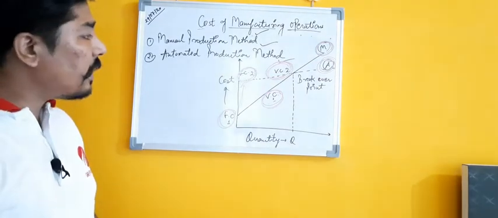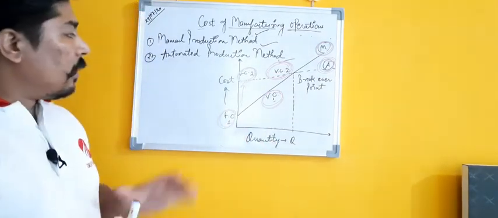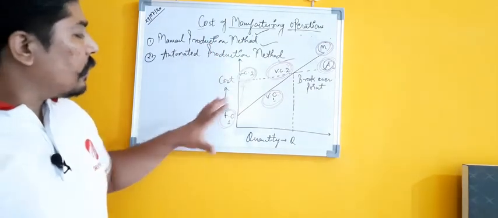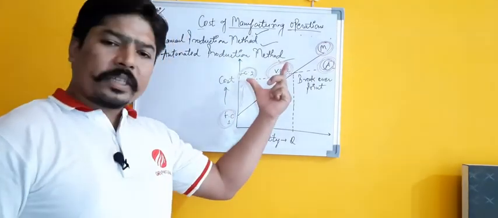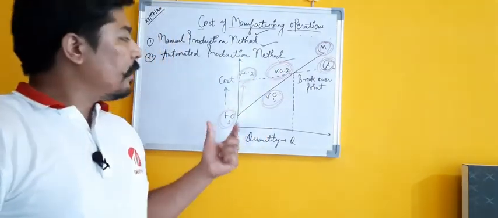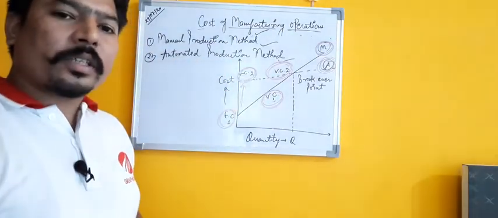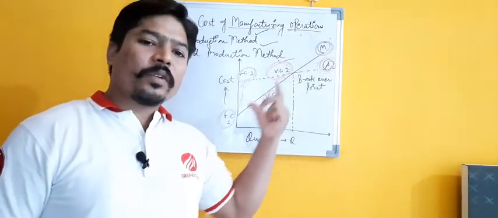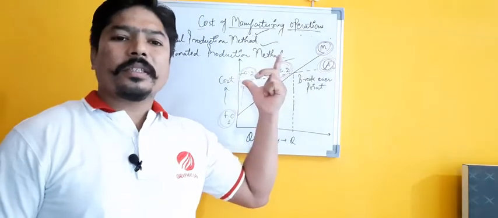So from this particular graph we can conclude that the fixed cost associated with your manual production method will be less compared to your automated production method. But at the same time the variable cost will again increase for your manual production system compared to your automated production system.